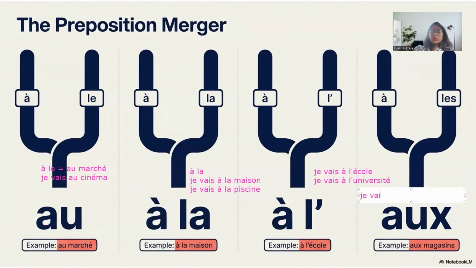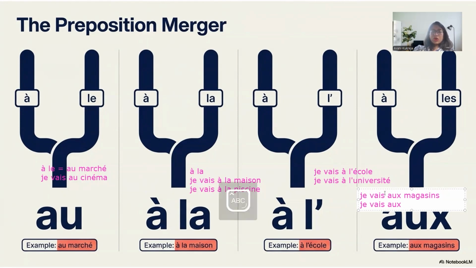So for instance, je vais au magasin. I'm going to the shops, right? Any other example? Well, plural will be difficult. But does anybody know what's United States of America? Les États-Unis. Correct.